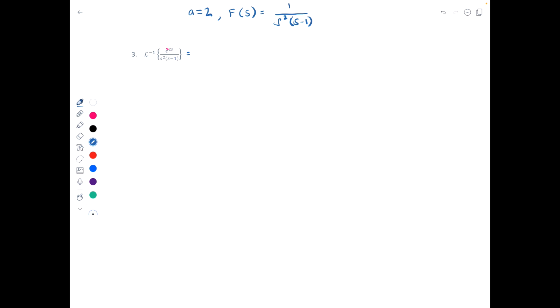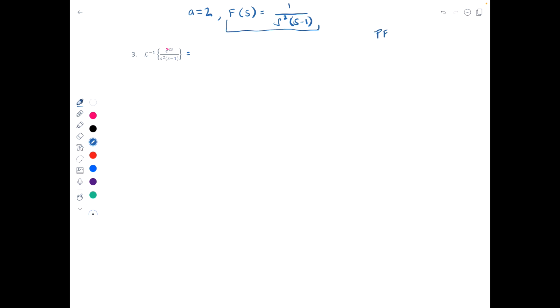So here we go. Before we start with the Laplace transform, we're going to have to do the partial fraction decomposition on this portion here, right?